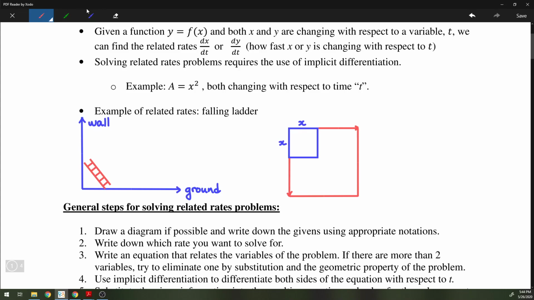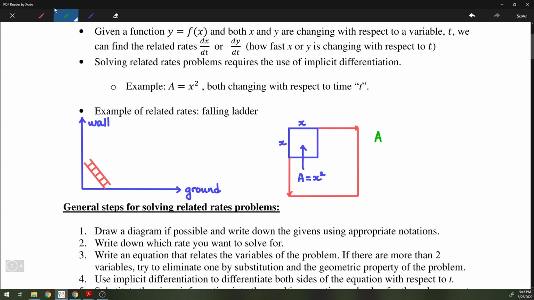The area is, of course, then x squared. And as you can see here in red, the lengths x are increasing, and therefore the area will also increase.